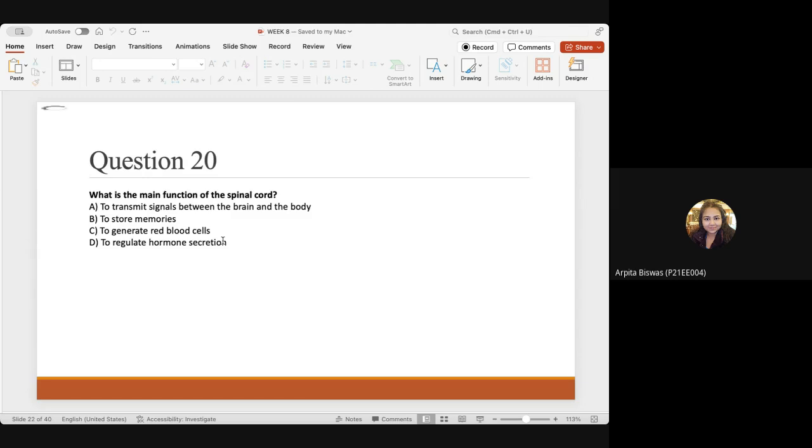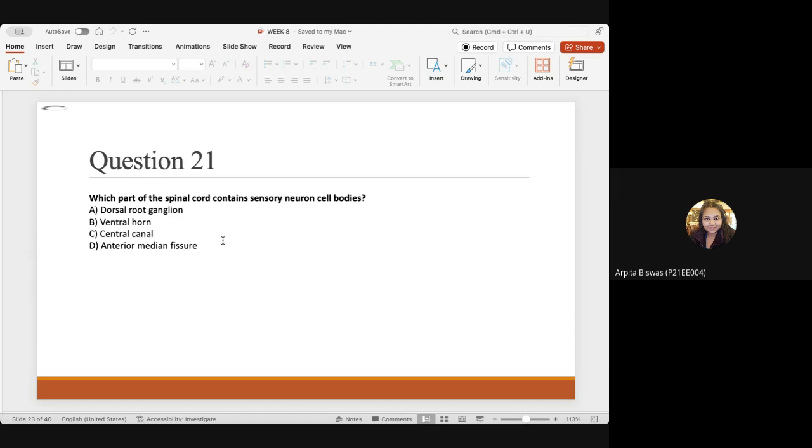Okay. So next move toward question number 21. Which part of the spinal cord contains the sensory neuron cell bodies? First is the dorsal root ganglion. Second is the ventral horn.